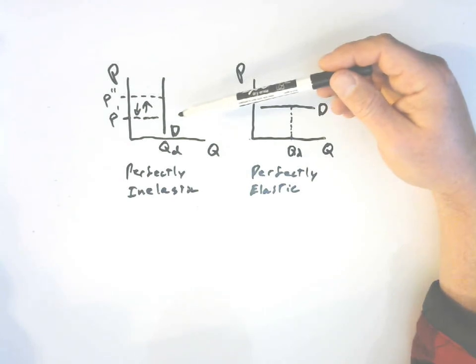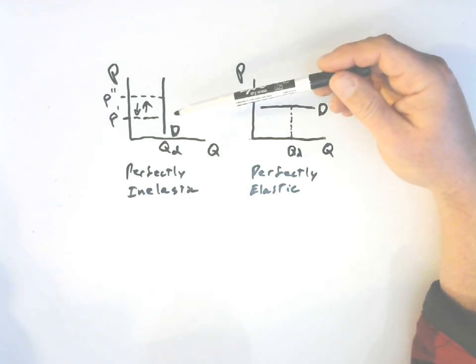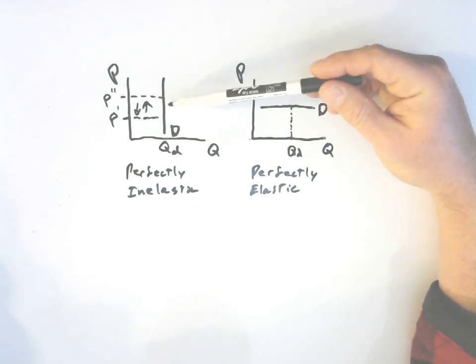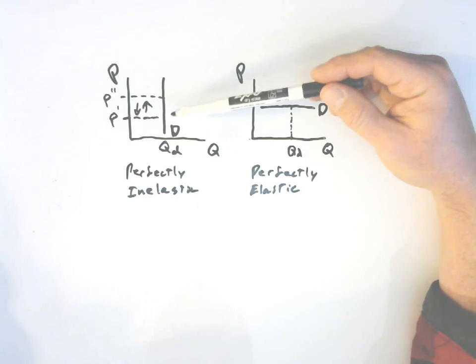Well, if you don't take the medication, then your body rejects the organ and you die. I hate to be that blunt with it, but that would essentially be a good for which there is perfectly inelastic demand. You will pay whatever price you need to because you'll die if you don't take it.